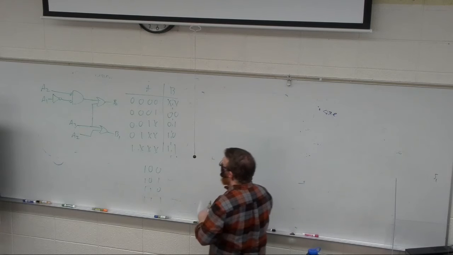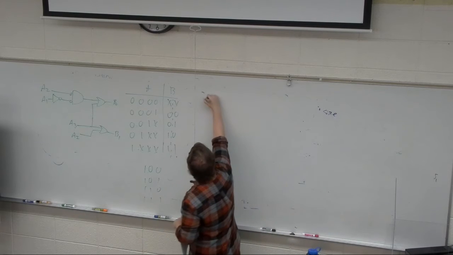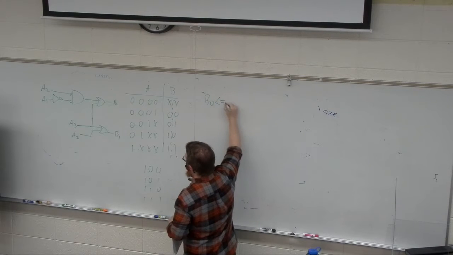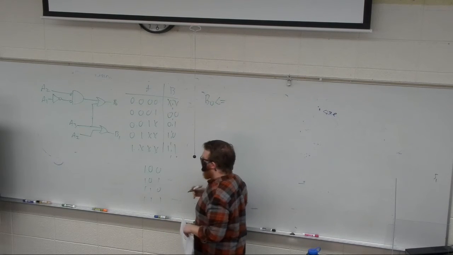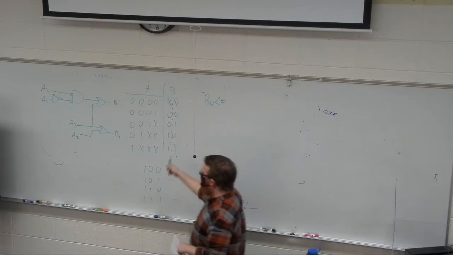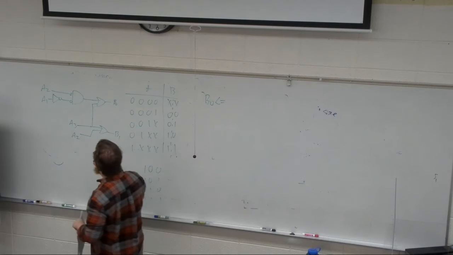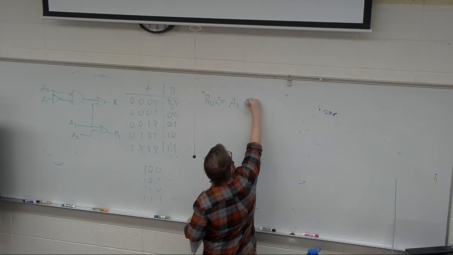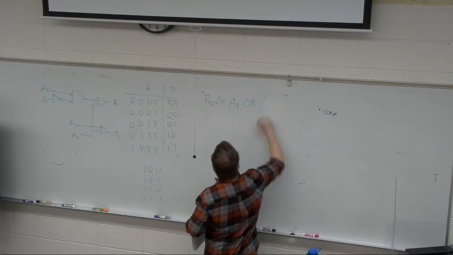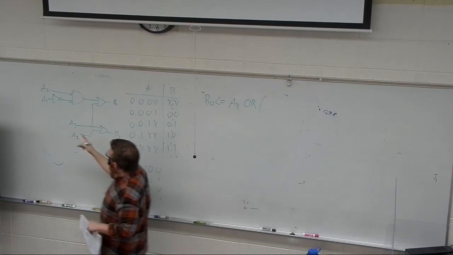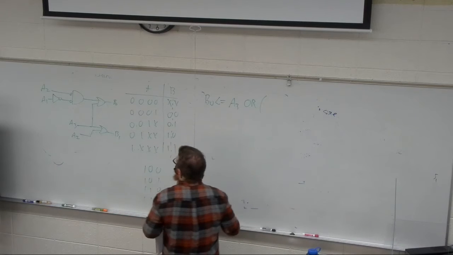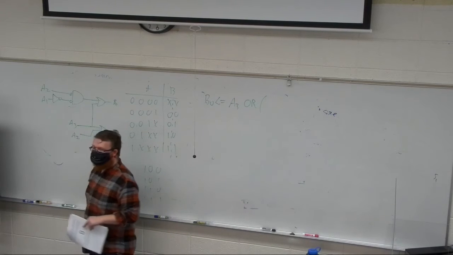And then VHDL is as simple as giving some assignment statements where B0 is equal to, and I could just use the equations that we had before, but we can go from the circuit, right? Well, it's A3 or this, right? And what kind of gate is this?